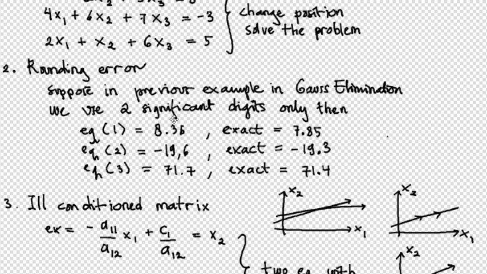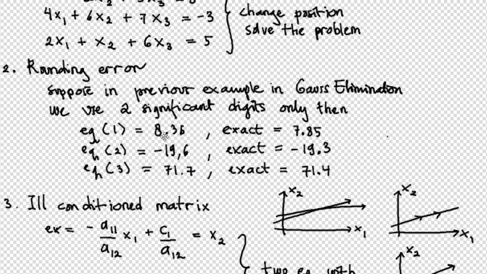We use two significant digits, but the result here is totally different if we use 4 significant digits. So actually the system is ill condition, it means that the determinant is near to 0.